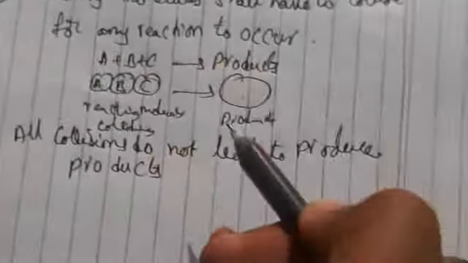The others are not colliding effectively. There will be a certain energy needed to produce collisions, and only that fraction counts. So we call them fruitful collisions or effective collisions.